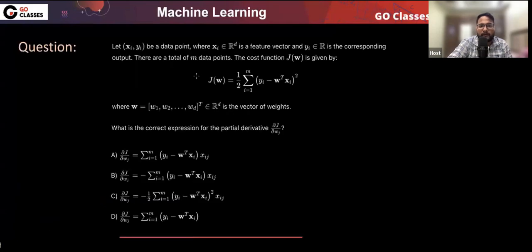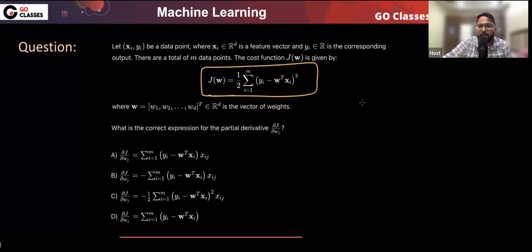Now let's solve this question and tell me what is the correct answer here. They are saying let xi, yi be the data point where xi is d-dimensional, which means this is a row, and yi is the corresponding column. Do you really need to worry about augmentation of ones? No, they've directly given you the loss function.